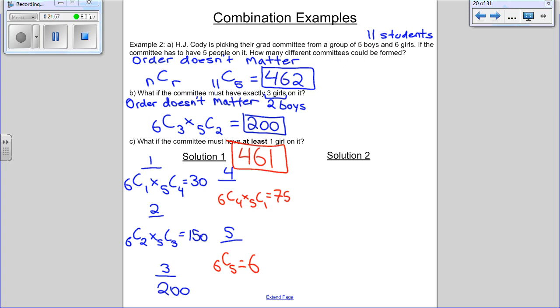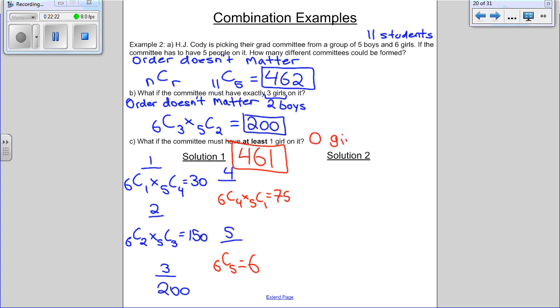To do it quicker, we consider the complement. What does complement mean? The opposite. So if I want at least 1 girl, what does that mean? It means I don't want 0 girls. That would be the opposite. The opposite would be if 0 girls made the committee.